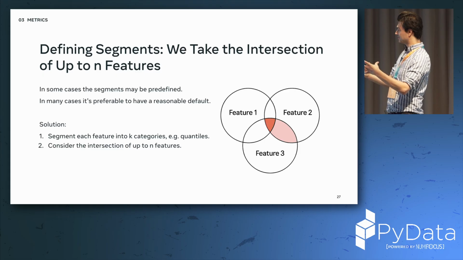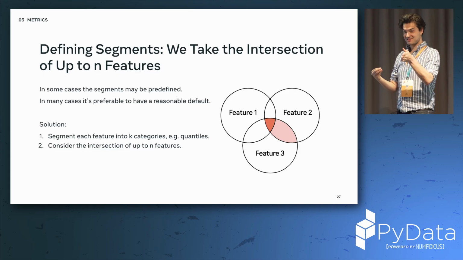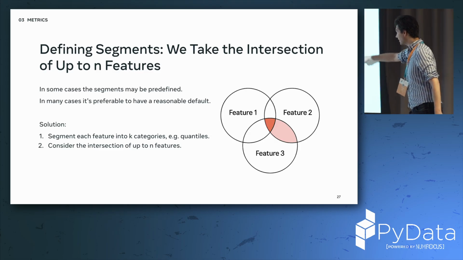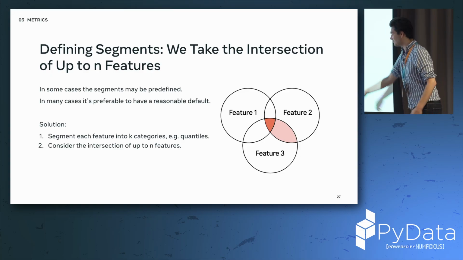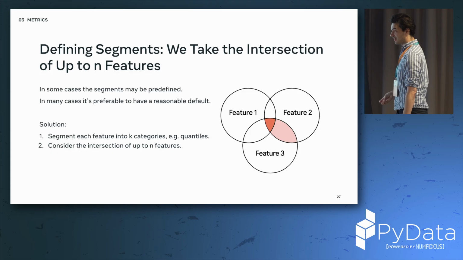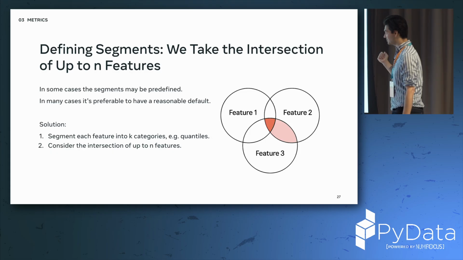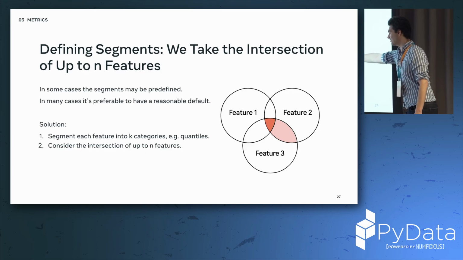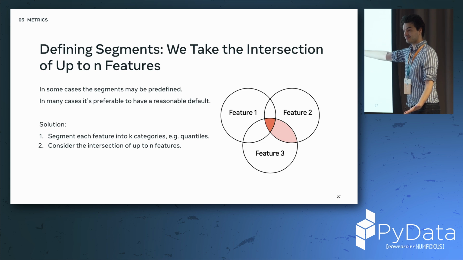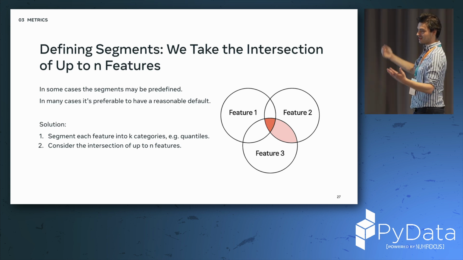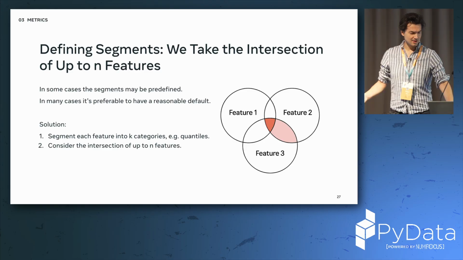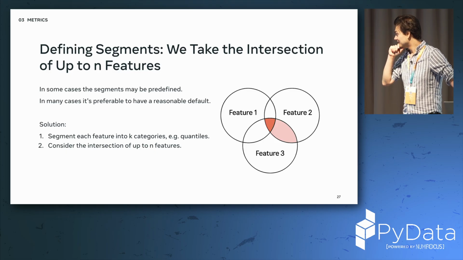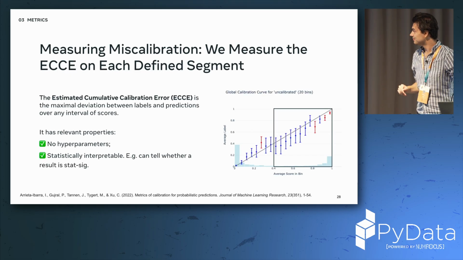For each of those, we make one group for each combination of values. So you may have a feature like country, and a feature like device type, like whether someone uses an iPhone or Android. Then we may generate subsets like iPhone users in France, Android users in the UK, and so forth, basically the whole set of all the combinations of those. So that's pretty brute force. Hopefully we'll come up with something better here, but this is just the first step.